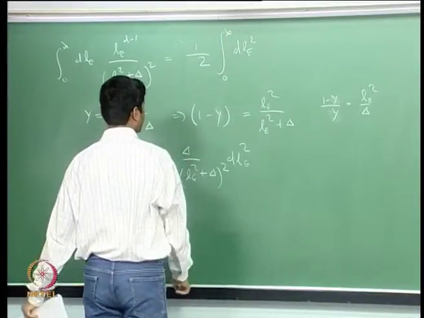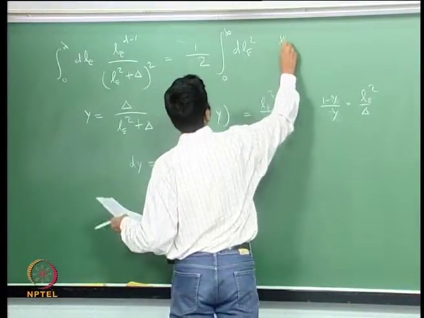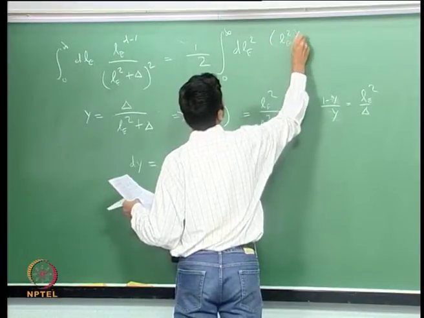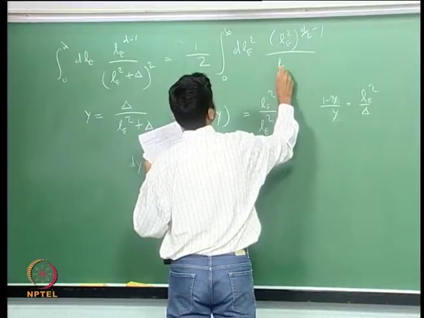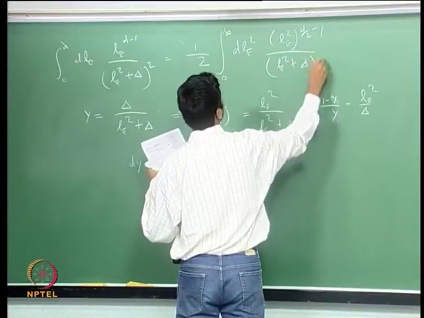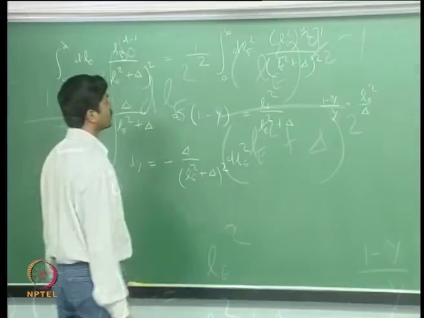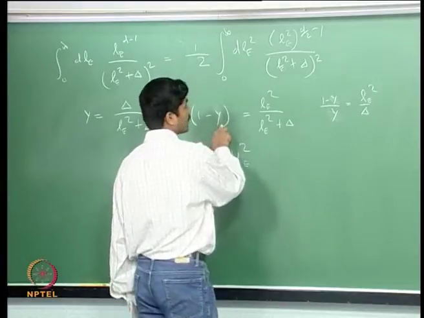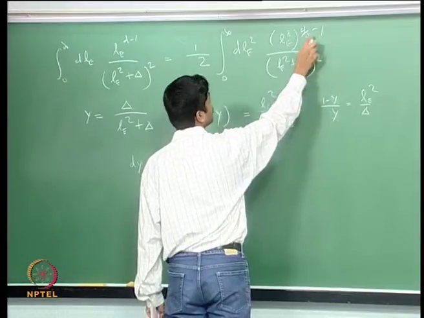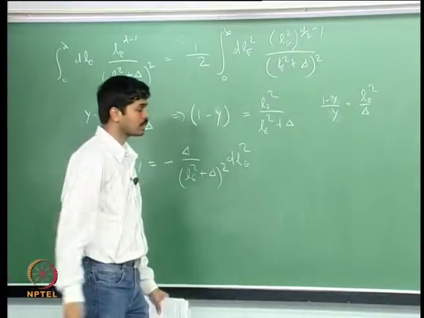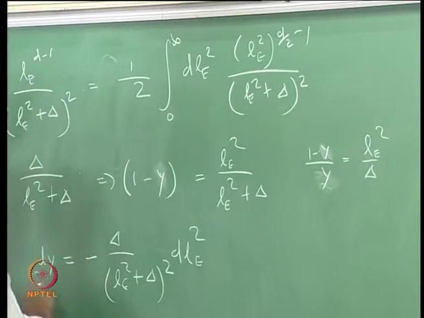It is better to use the variable dL_E square, because I have a dL_E square here, L_E square to the power d by 2 minus 1 divided by (L_E square plus delta) whole square. And now, L_E square is nothing but 1 minus y. So you will get a factor of 1 minus y to the power d by 2 minus 1, and dL_E square over (L_E square plus delta) whole square is nothing but dy.